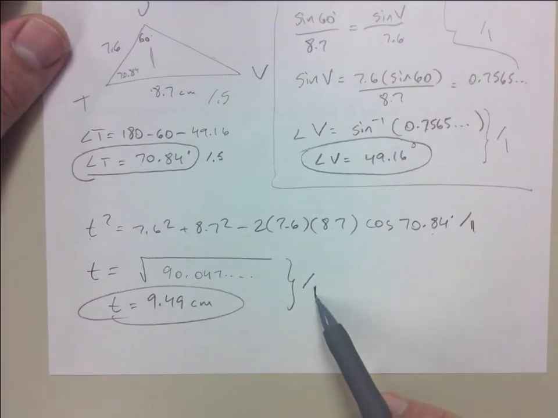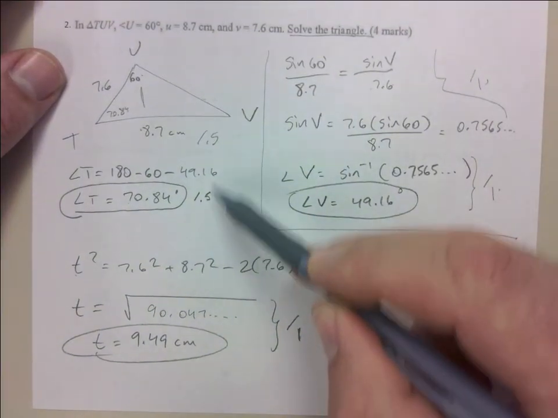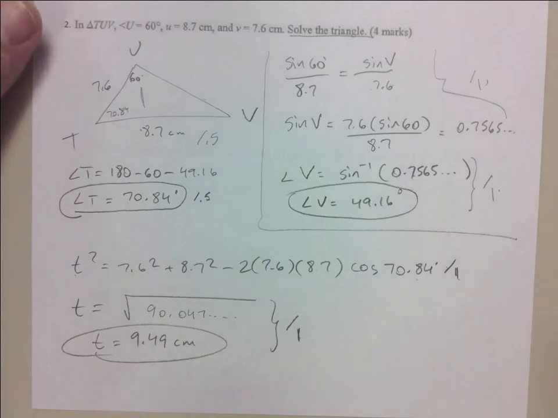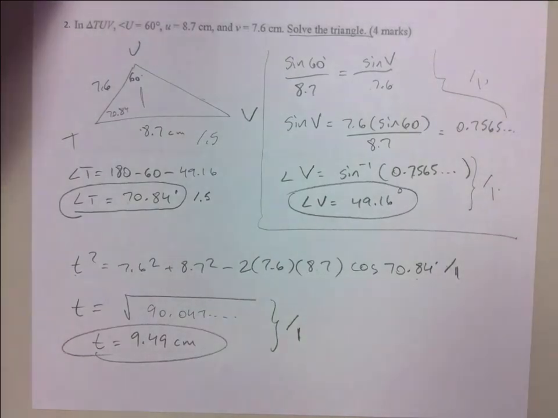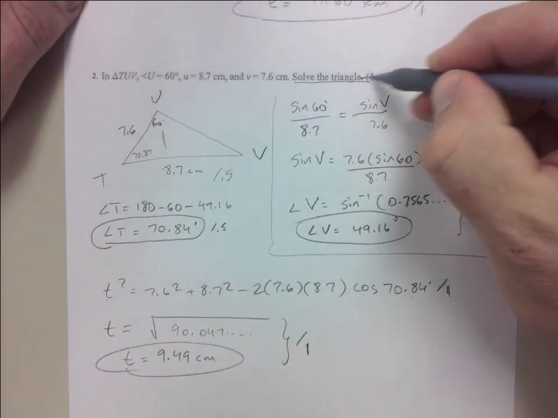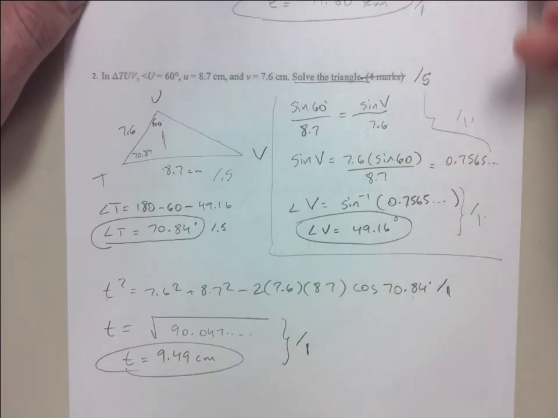So you've got 1, 2, 3, 4, 5. The 2 halves, half for the diagram, half for the missing angle, the third. So this whole thing, instead of out of 4, I'm going to zoom out here a bit. We're just going to cross this out and say it's out of 5. So 5 and 3, question D was worth 3 marks.